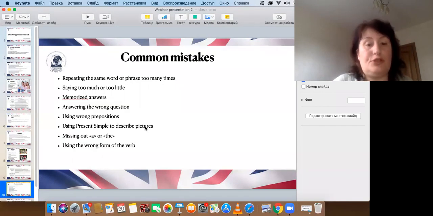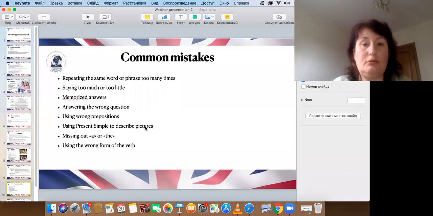Using wrong prepositions. Well, many teachers say that the most popular mistake is on the picture, at the photo, instead of in the picture and in the photo.